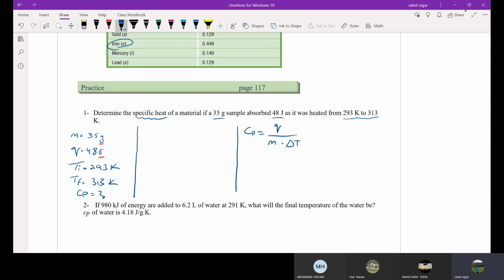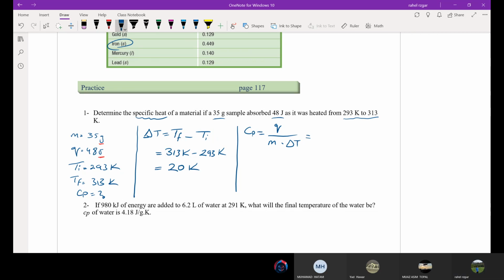We will use the T final and T initial. As you see, whenever you have delta, it is always T final minus initial. So T final minus initial temperature. T final is 313 minus 293 Kelvin. Okay. Now we will get 20K. The change is 20K.